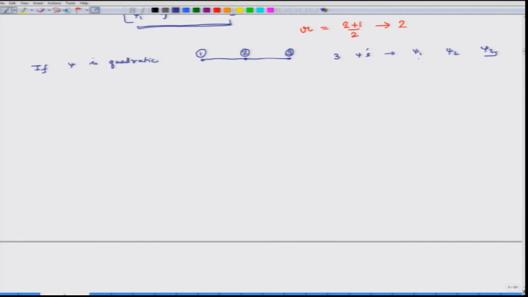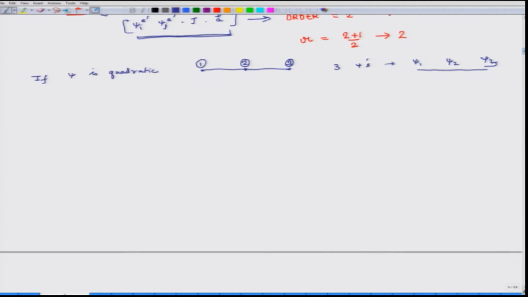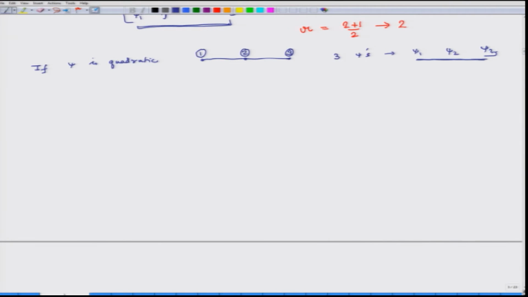So, remember, if I have to do isoparametric formulation, there are 3 psi's. Now suppose we want to do isoparametric formulation. In this case, m is equal to 3. M is not the order, right?